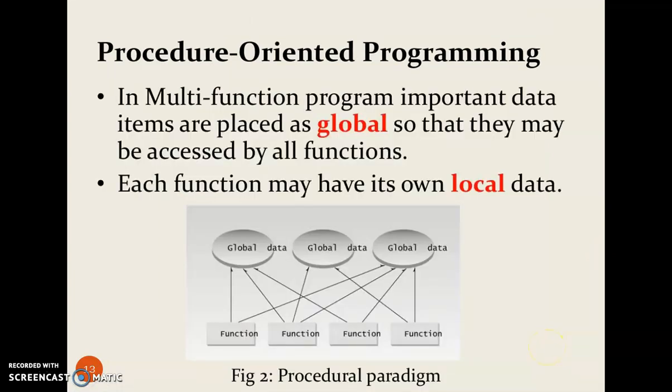And this is the procedural paradigm, the approach in which multiple functions in a program share the global data, and each function has its own local data. The local data scope is only within its function, and the scope of the global data is throughout the functions.